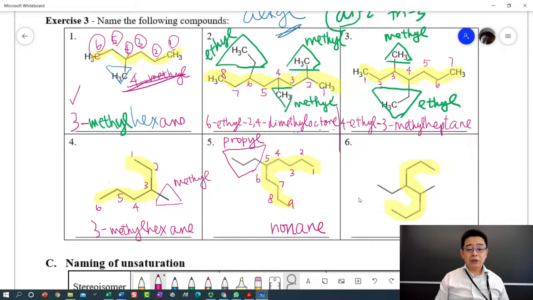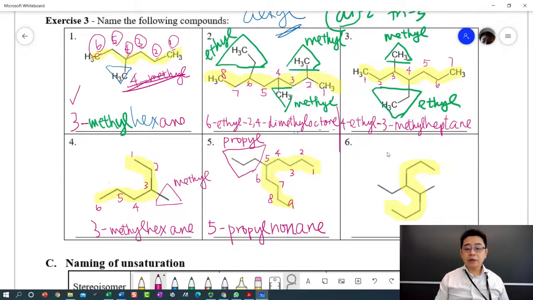And where is the substituent? It is the propyl group, P-R-O-P-Y-L. YL represents an alkyl group. Where is it? Position 5, just one of it. Okay, that's the name.